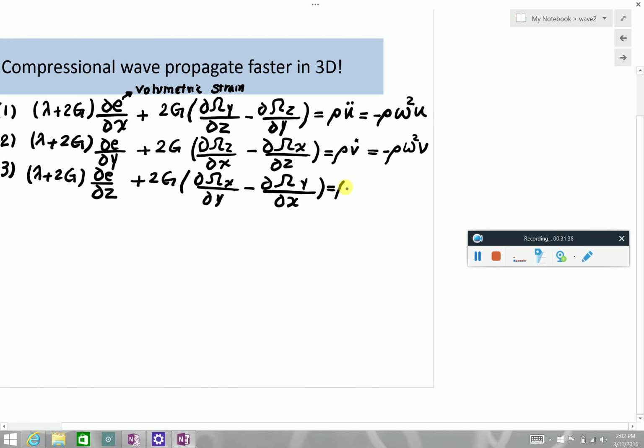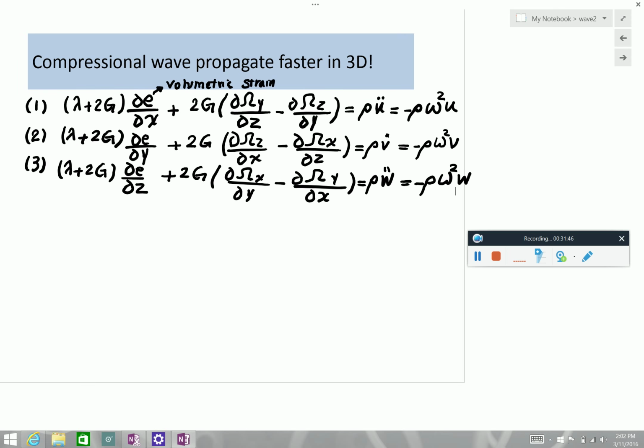Hopefully I didn't make many mistakes here. No. So these are the three equations that we have.